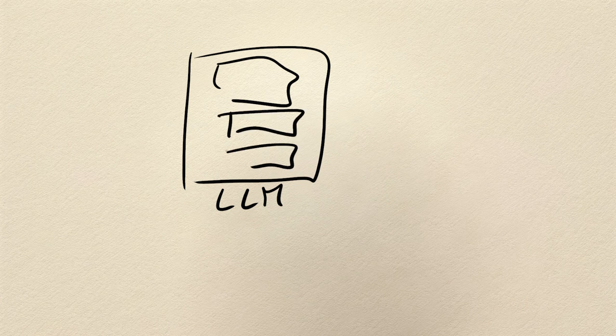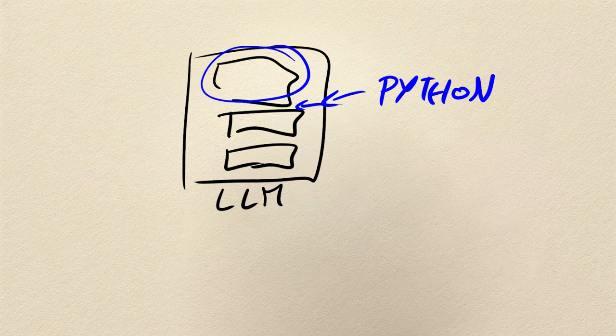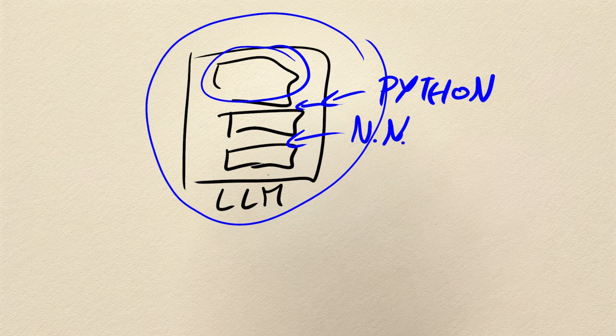It's cool, but if you do that, there is no way you're going to be able to use other tools like Python code. You're never going to be able to insert Python code right after the output of the large language model. Or use a neural network to do that either. Everything is within the app, within that tool.